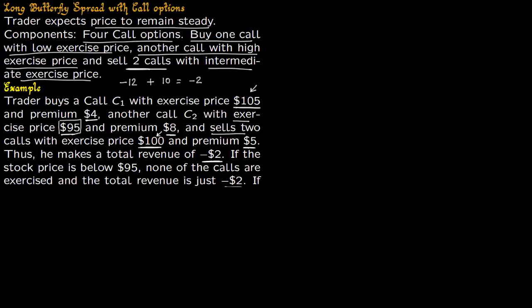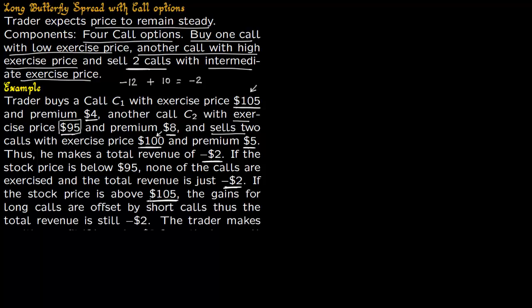Now if the stock price is above 105, this trader has bought two calls. He has bought a call with exercise price 105 and a call with exercise price 95. He is going to exercise both these calls, but he has also sold two calls with exercise price of 100.